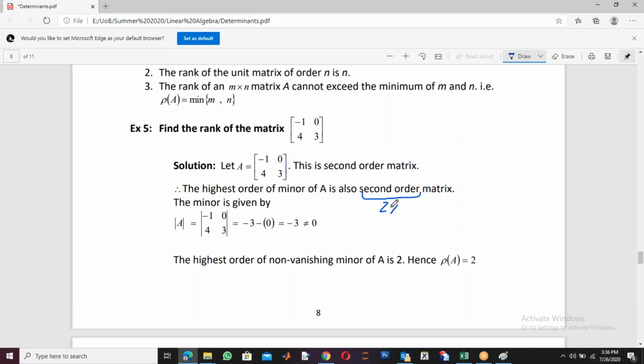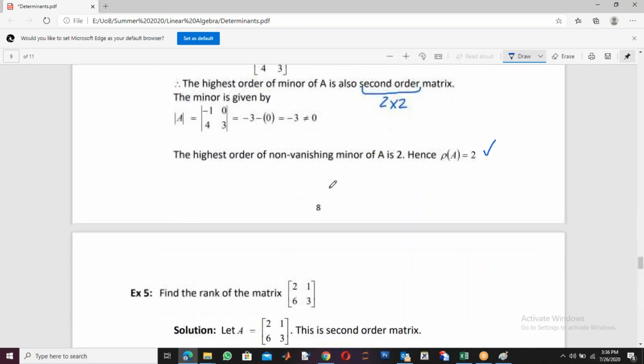Minor is a square matrix, so when we say second order matrix, means 2 by 2 matrix because it is automatically square. So if a second order matrix has determinant non-zero, the rank is 2. If this second order matrix has determinant 0, then rank is less than 2. So either it will be 0 or 1.